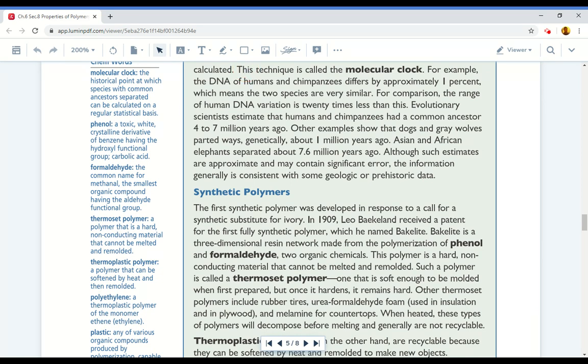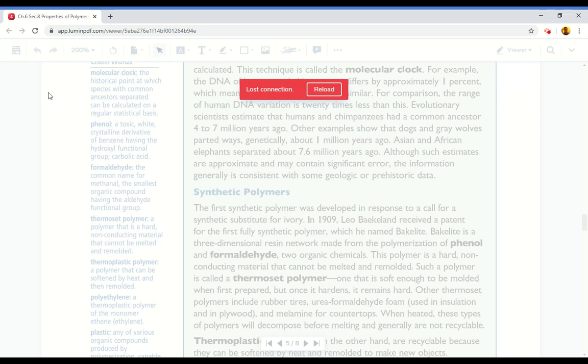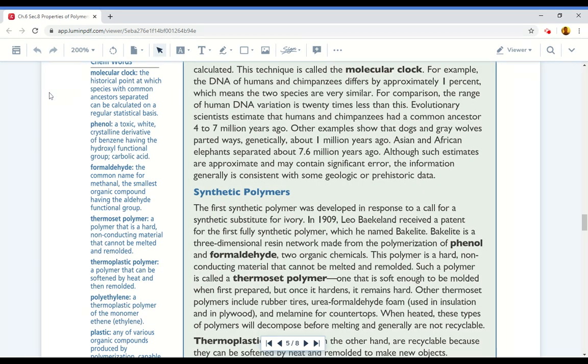For example, the DNA of humans and chimpanzees differ by approximately 1%, which means the two species are very similar. For comparison, the range of human DNA variation is 20 times less than this. Evolutionary scientists estimate that humans and chimpanzees had a common ancestor 4 to 7 million years ago.